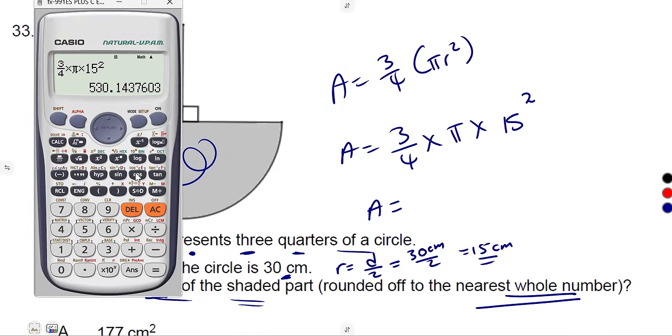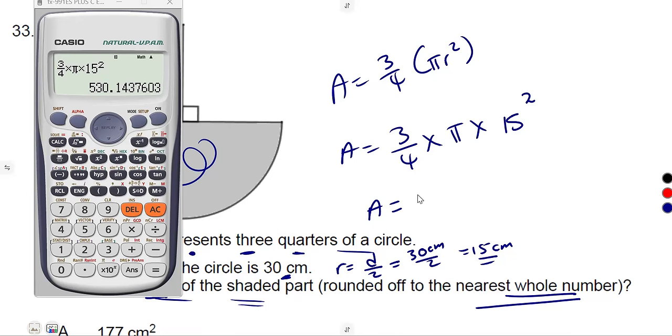As you can see, that was going to be 530.143 to the nearest whole number. As we can see, the 1 cannot change, guys. 1 is less than 5, so 1 cannot have an effect on that 0. So it will remain as 530 to the nearest whole number as we are given.